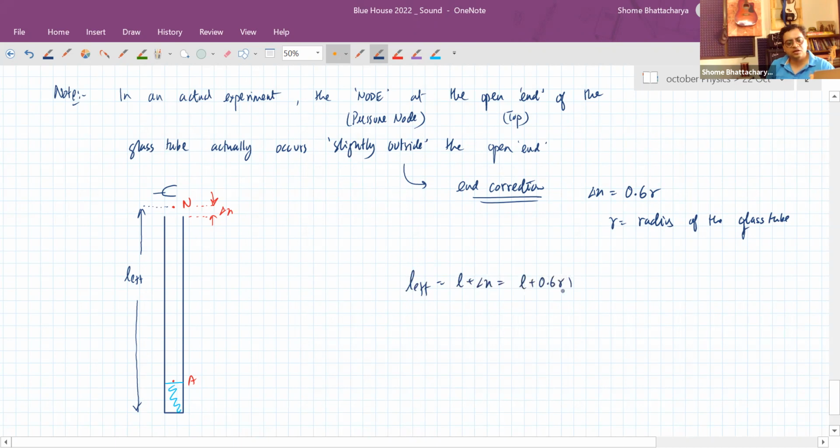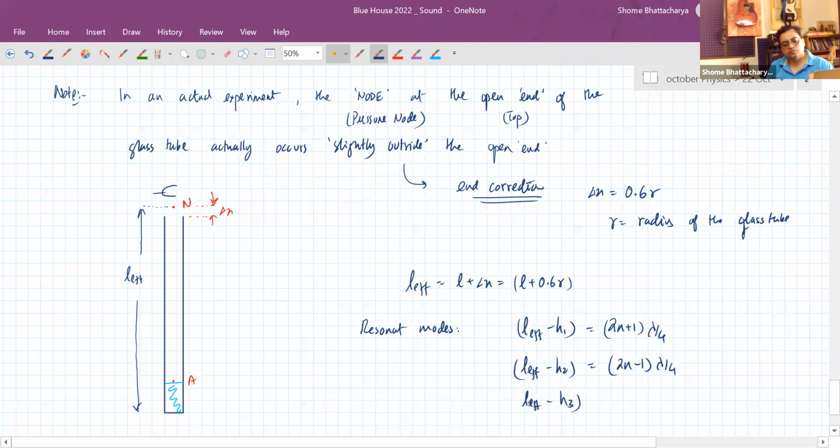It becomes L plus 0.6 R. And the formula for resonant modes is that L effective minus H1, L effective minus H2, and so on and so forth, like this sequence.